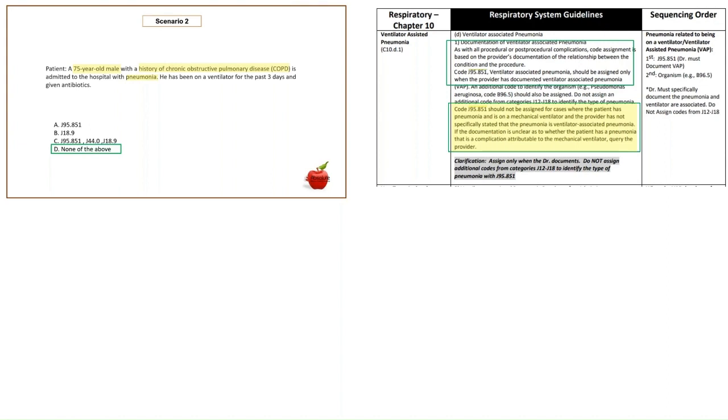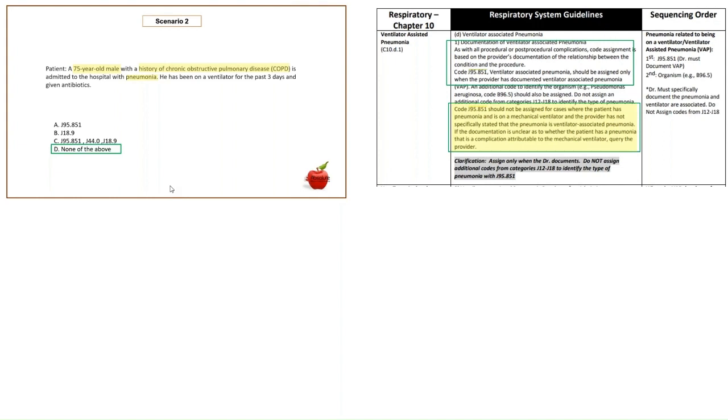Assign only when the doctor documents it, and do not code additional codes from the category J12 to J18 to identify the type of pneumonia with J95.851. So what we have to do here is query the physician, right? Because there is a pneumonia and the patient was on a ventilator, but the doctor hasn't specified whether this is a ventilator associated pneumonia.